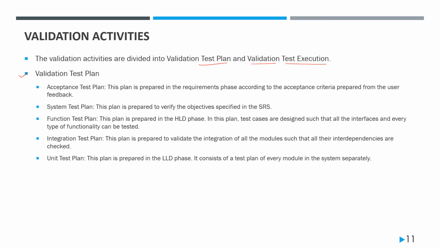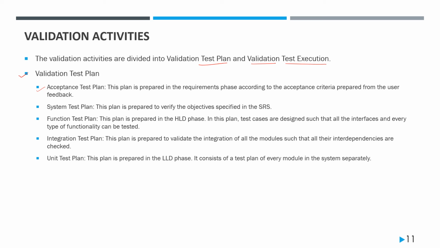There are test plans that have to be recognized, which the tester has already prepared with the incremental progress of the SDLC. The first is the acceptance test plan. This plan is prepared in the requirement phase according to the acceptance criteria prepared from users' feedback.